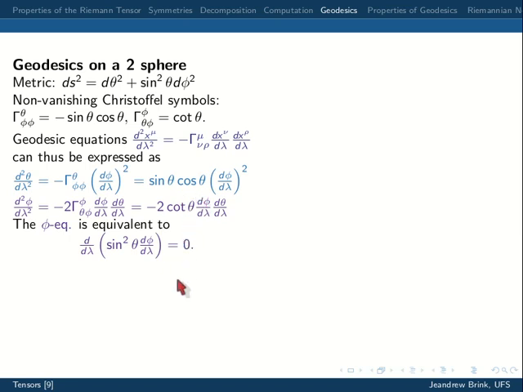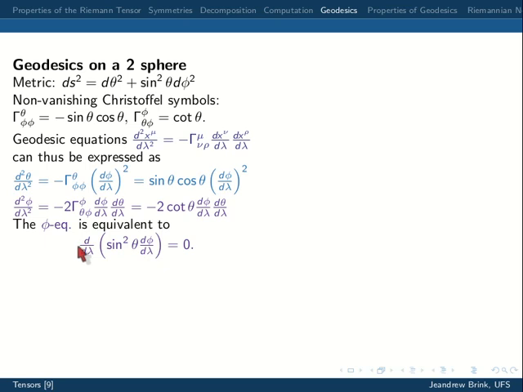Okay, and so here you have cot is basically cos over sine. So if I multiply the whole thing through by sine squared, okay, then I have sine squared over here times cos times sine over here. And I have a 2. There's another clue there. Okay, so if I then take dd lambda of sine squared d theta d lambda, the first term, if I apply directly, then I have sine squared d theta d lambda.